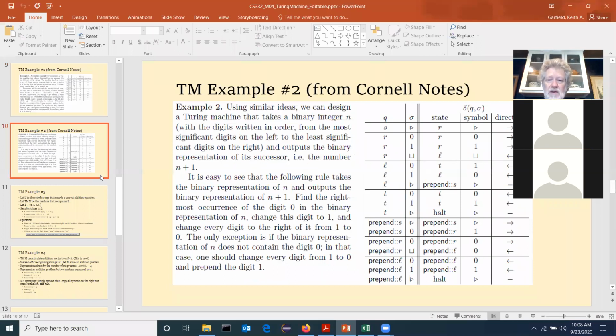Now we're going to do the +1 function. One of the things that you can do is be clever about how you're going to manipulate the strings to get the action done. You're allowed to do things like, in order to figure out what's going on with this string, I need to destroy it. Well, before you destroy it, you're allowed to make a copy of it off to the right-hand side.